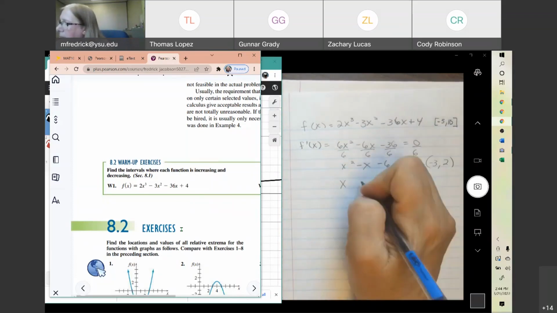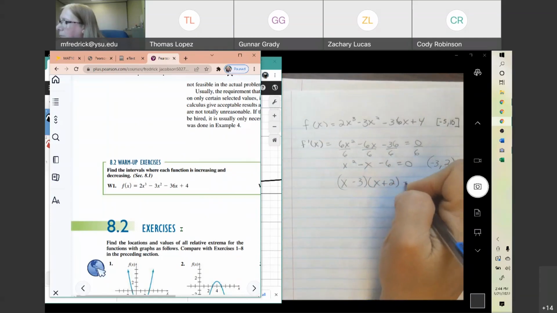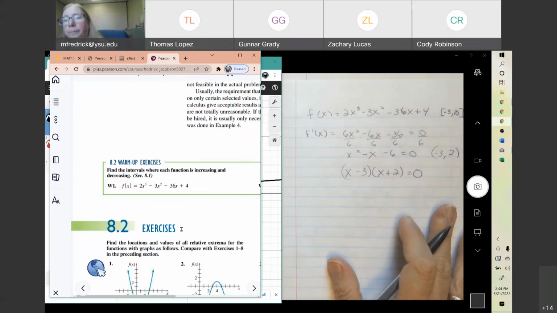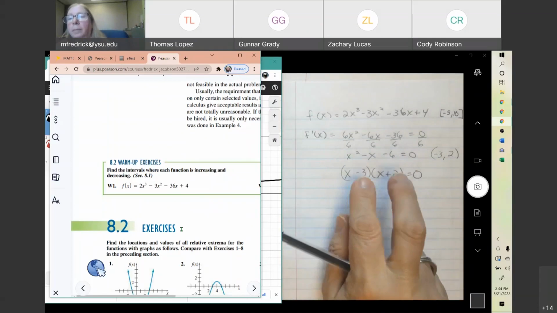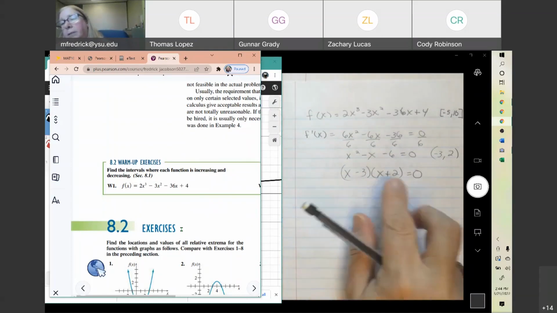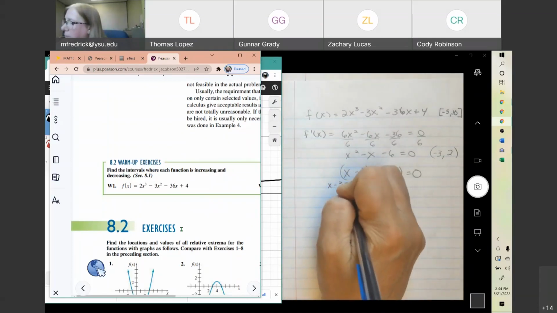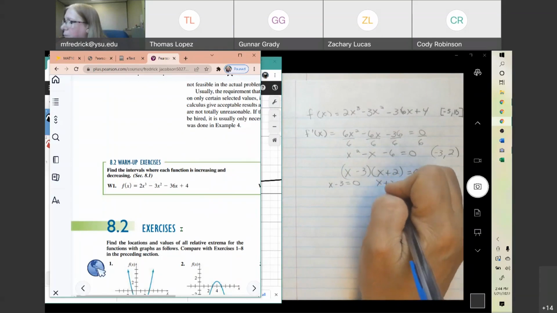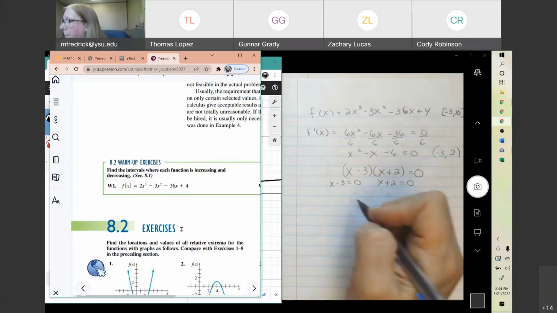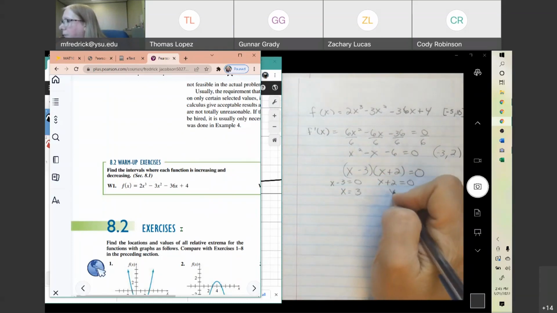So x minus 3 and x plus 2. Because we're multiplying, one of these has to be 0 in order to get 0. So x minus 3 equals 0, or x plus 2 equals 0. Add the 3 over, subtract the 2.